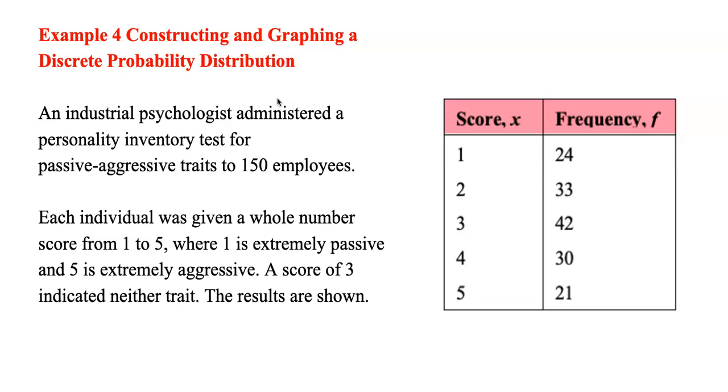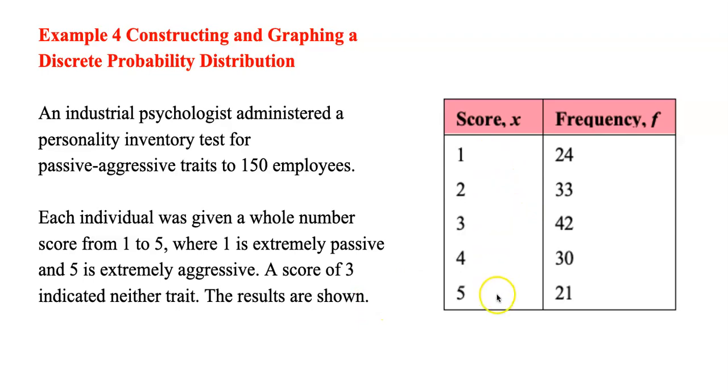Each individual was given a whole number score from 1 to 5, where 1 is extremely passive and 5 is extremely aggressive. A score of 3 indicates neither trait. So I think I'm like, I don't know, 2. I'm not really aggressive. Anyways, the results are shown below.